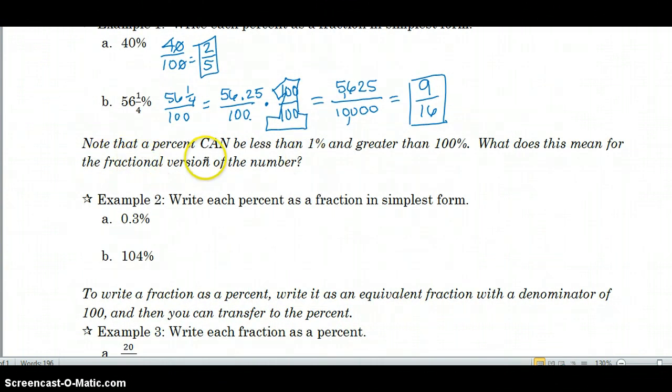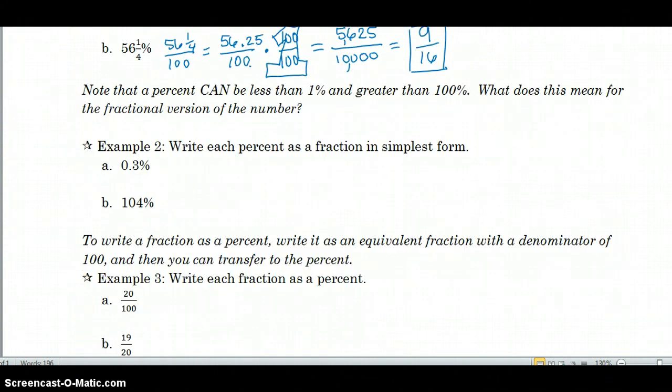Note that a percent can be less than 1%, and it can be greater than 100%. So what does this mean? How does this look? Let's look at example 2. Write each percent as a fraction in simplest form. 0.3% means it's less than 1%. So we're going to compare 0.3 to 100.